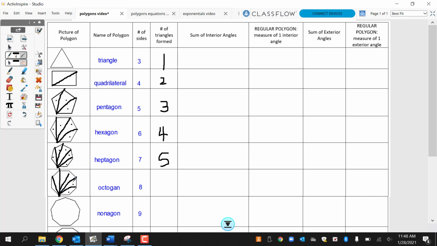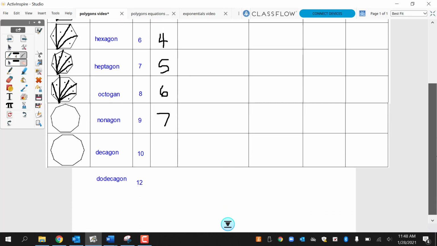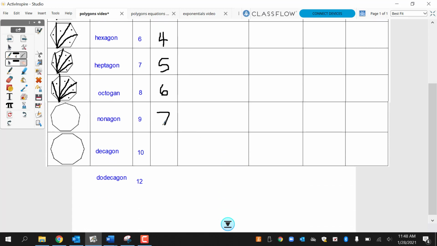How many? 1, 2, 3, 4, 5, 6. Okay, we get the pattern. It's going up by 1 every time, but the number of triangles is always 2 less than the number of sides. So if there's 10 sides, minus 2 is 8. If there's 12 sides, minus 2 would be 10 triangles.